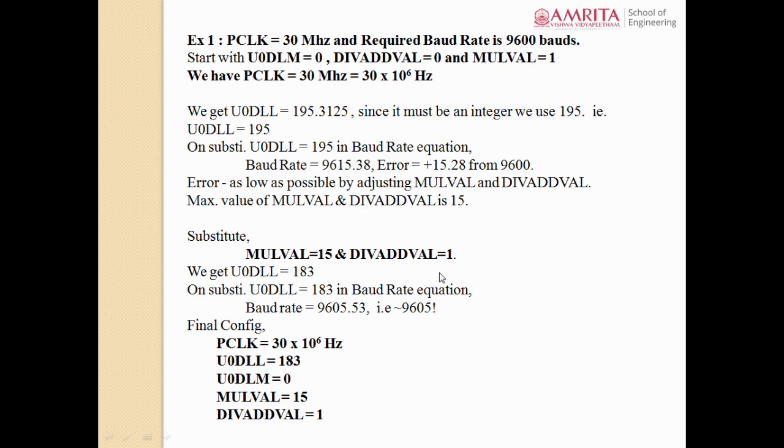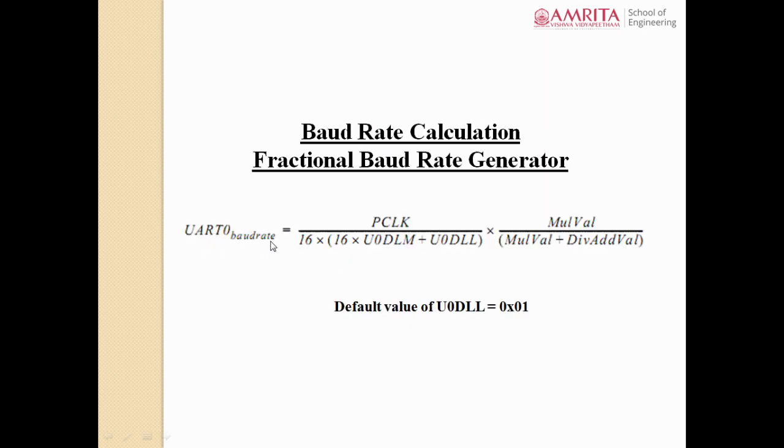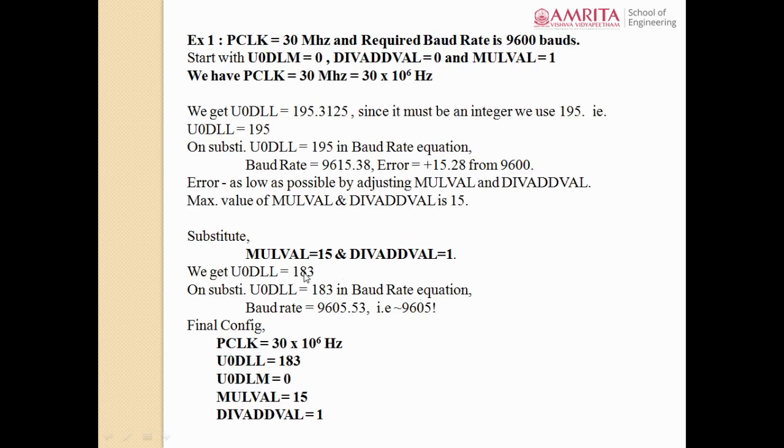and I am substituting it back in the equation. So the baud rate I need is 9600, PCLK is 30 megahertz, DLM is 0, mul value is 15, divide value is 1. So it will be 15 by 16. When you are substituting all this value, you will be getting U0 DLL as 183.